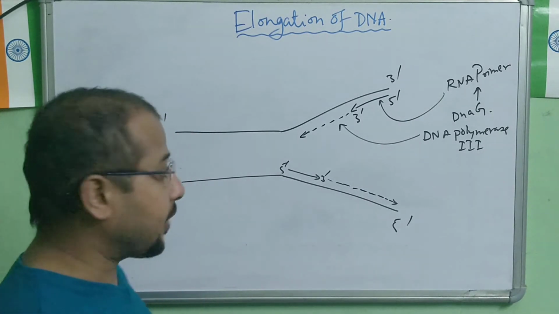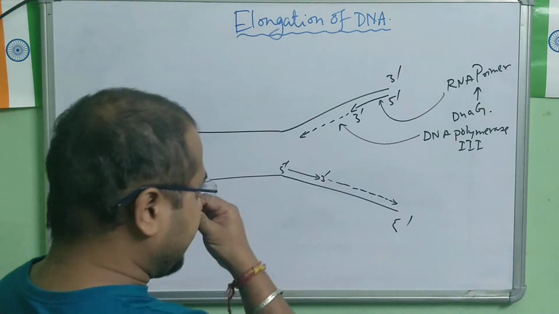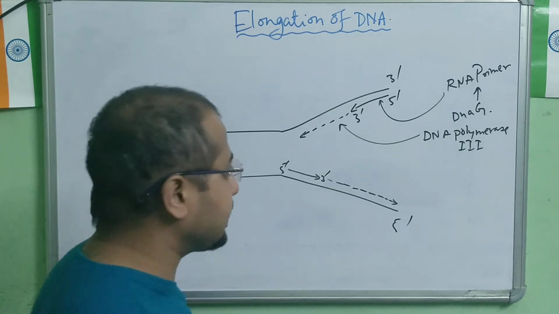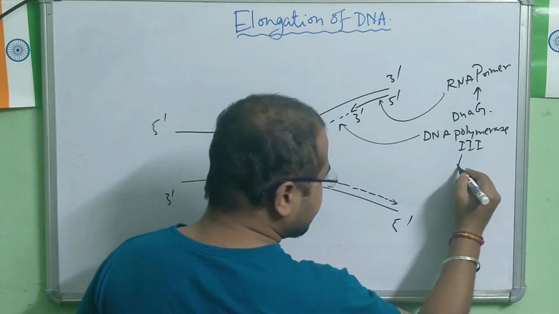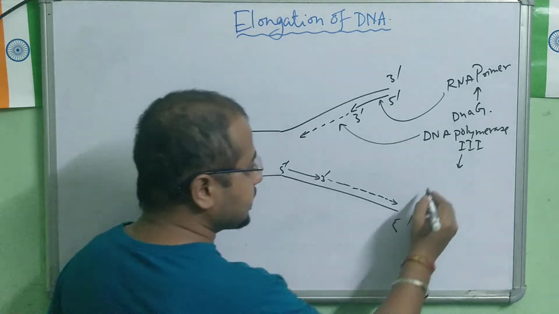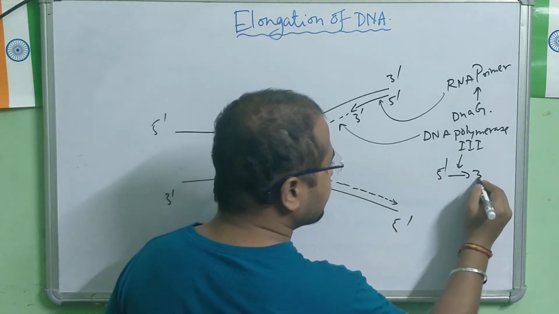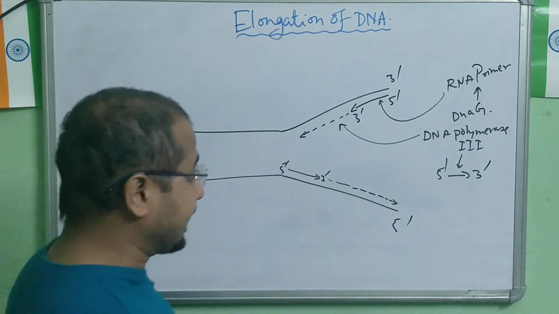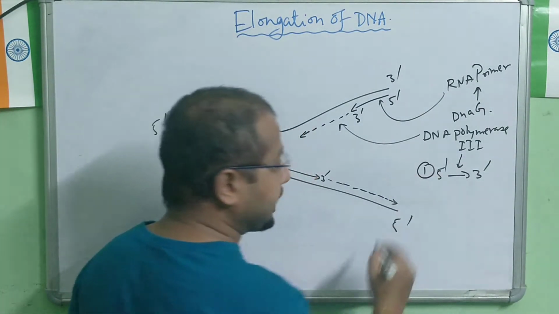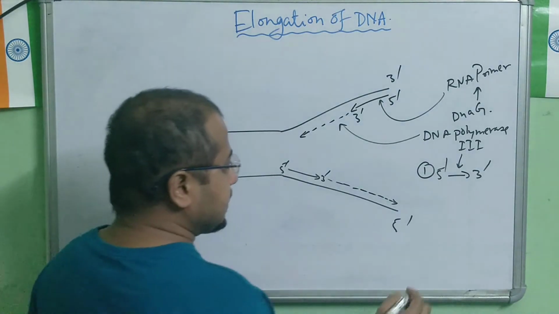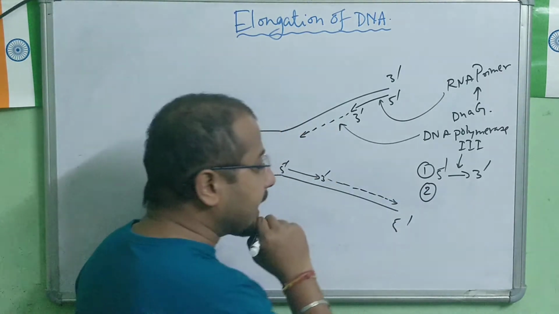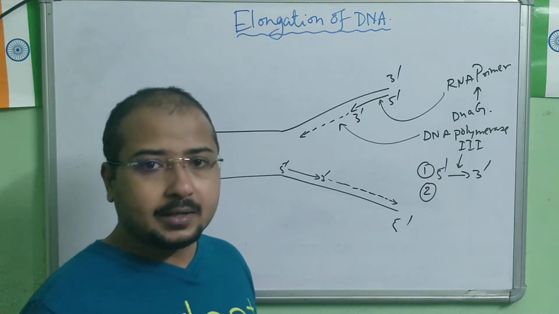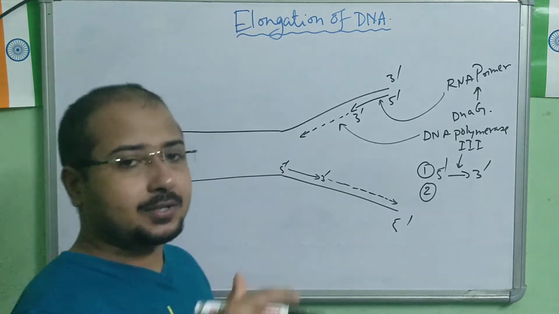Why? Remember one thing: DNA polymerase 3 has a problem. DNA polymerase 3 only polymerizes in the 5 prime to 3 prime direction. This is the first point you have to keep in mind. The second point is that the RNA primer is only formed at the open ends.